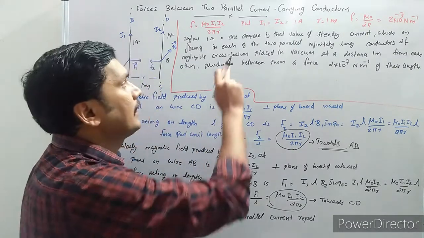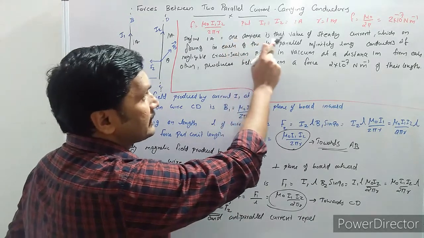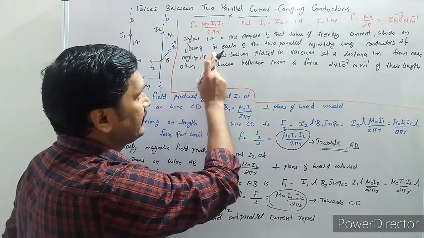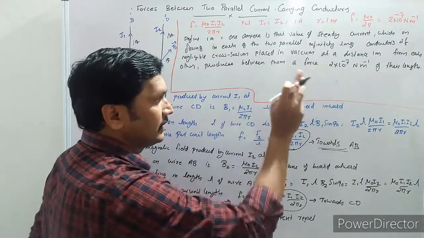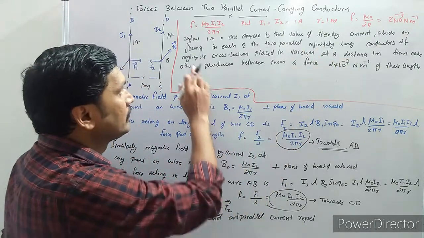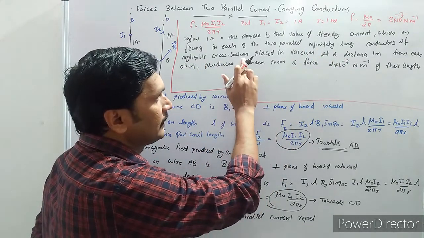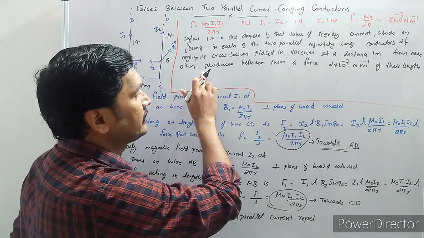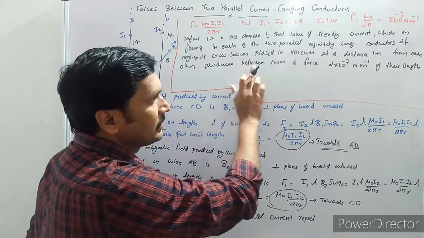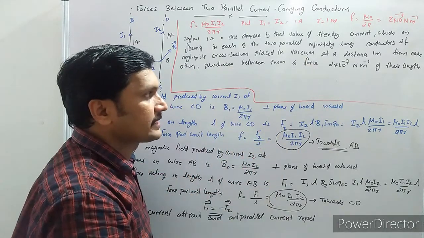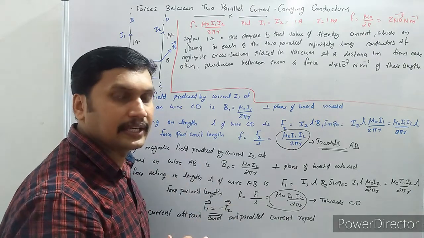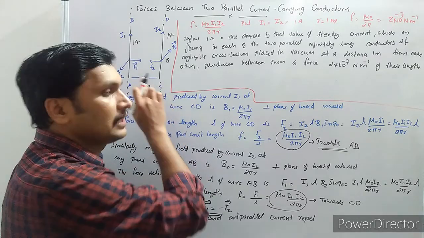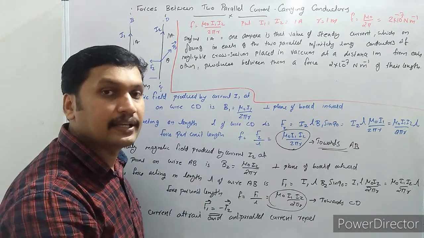So we can define 1 ampere as that value of steady current which, on flowing in each of the two parallel infinitely long conductors of negligible cross section placed in vacuum at a distance 1 meter from each other, produces between them a force of 2 into 10 raised to minus 7 Newton per meter of their length. That's the definition of 1 ampere in terms of force per unit length between two parallel current carrying conductors.